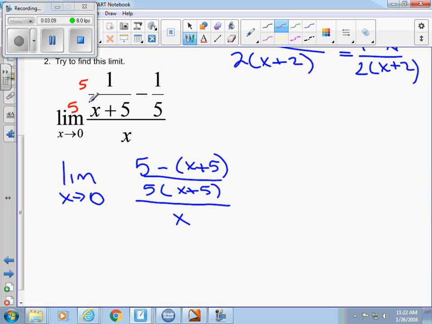The left one needed a 5, the right one needed an x plus 5. Okay, simplify the top. What's nice that happens on the top? What cancels out? 5 minus 5, and so I'm just left with a negative x on top.